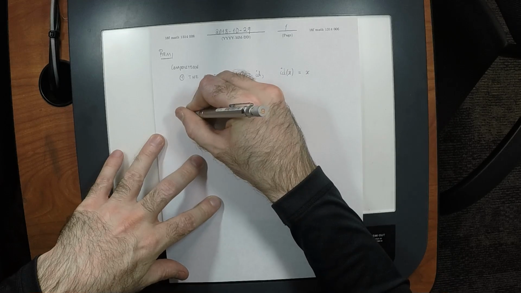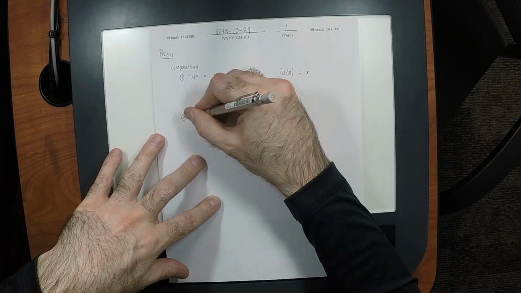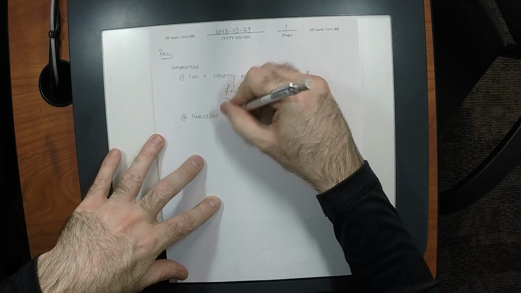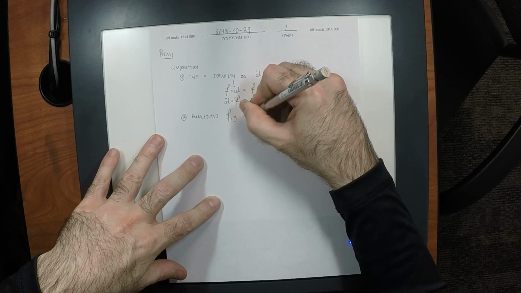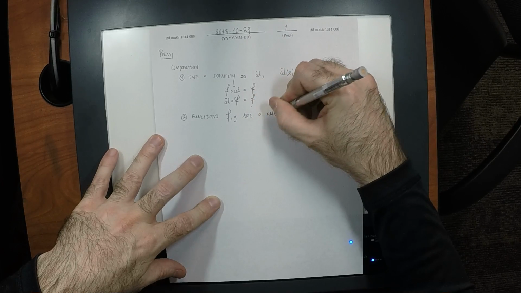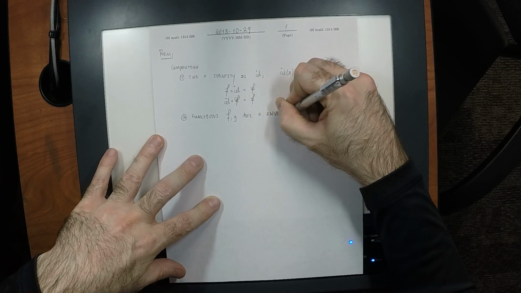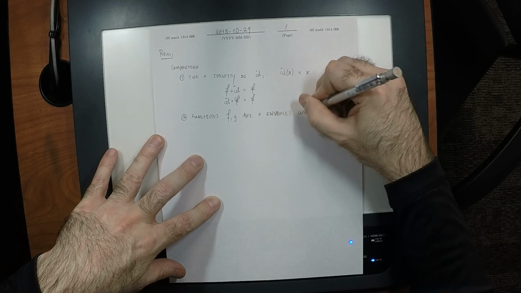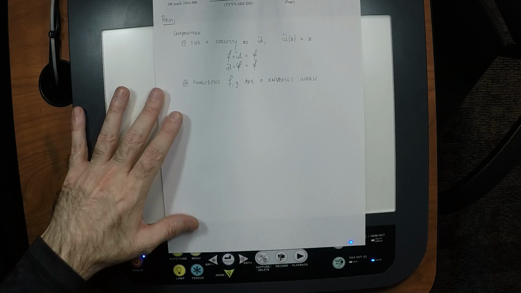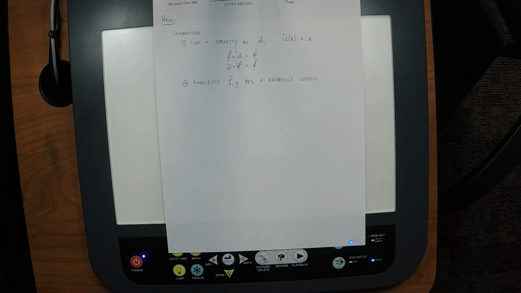Addition commutes, multiplication commutes, but composition doesn't. Okay, so then 2, you say that functions f and g are composition inverses when what? So how do you tell?